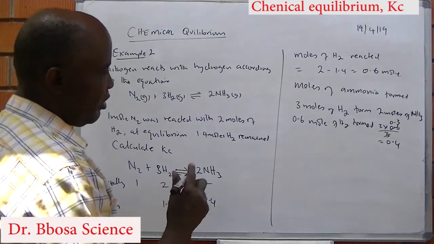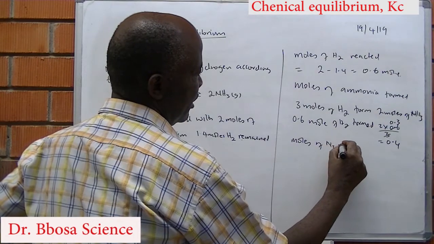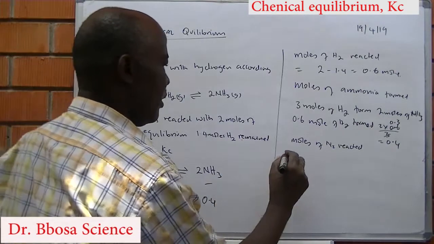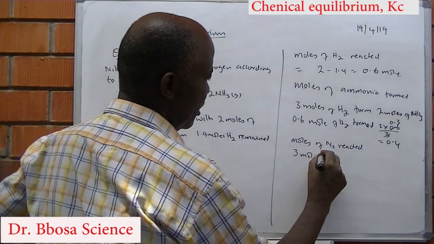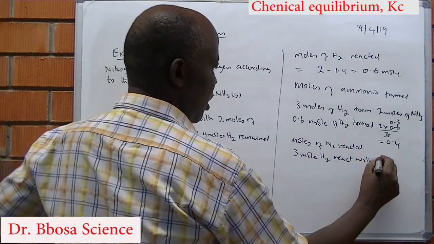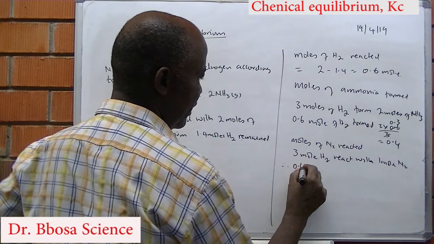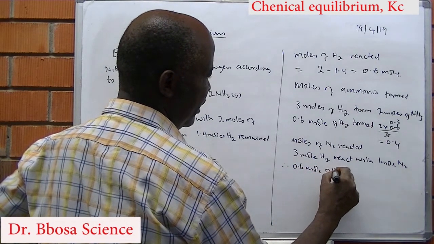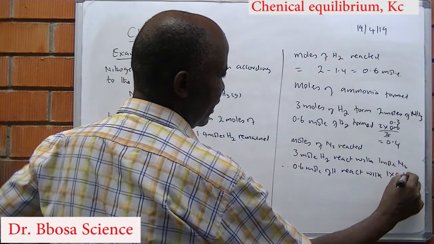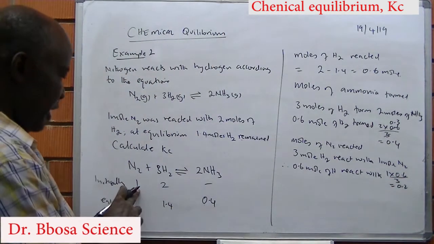Then the moles of nitrogen which reacted. We see that from this equation, 3 moles of hydrogen react with 1 mole of nitrogen. Therefore, 0.6 moles of hydrogen react with 1 times 0.6 over 3, which is equal to 0.2 moles of nitrogen reacted.